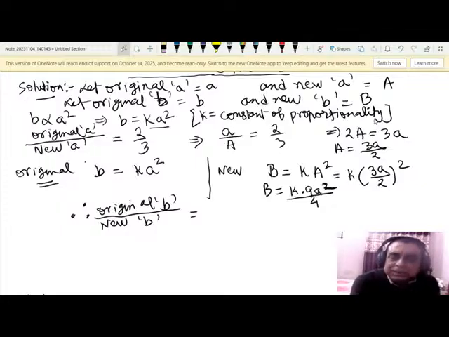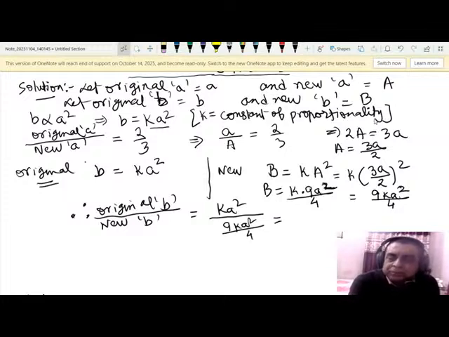So original B is Ka squared in terms of original A. And you may write the new B like this: 9Ka squared divided by 4. So the new B value is 9Ka squared divided by 4.